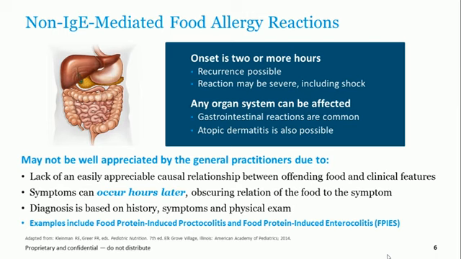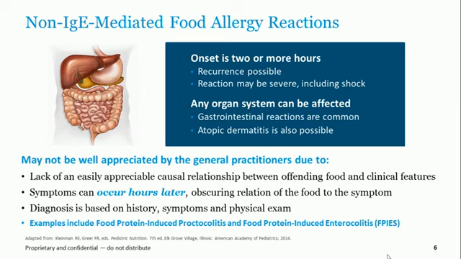And it can be any symptoms. It can be GI, and that's the most common: diarrhea, vomiting, GI symptoms. But also they can get atopic dermatitis with it. So because it's not easily associated with the food, this one is more difficult to diagnose.